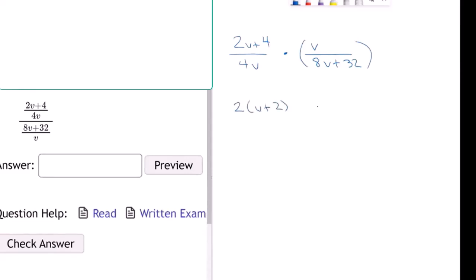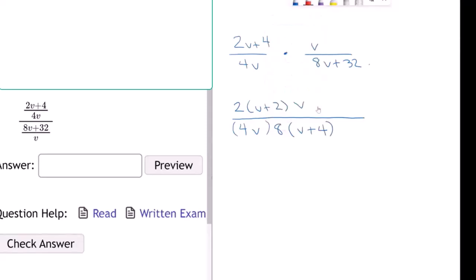And then when I multiply, I really just multiply the numerators and then I multiply the denominators anyway, right? So I'm going to say times v divided by 4 times v times, I'm going to factor an 8 out of 8v plus 32, and I get v plus 4.